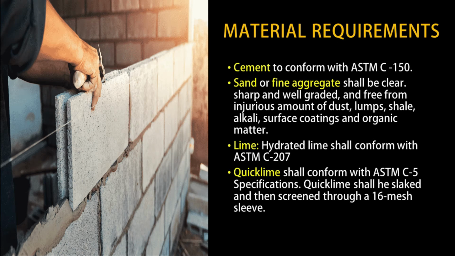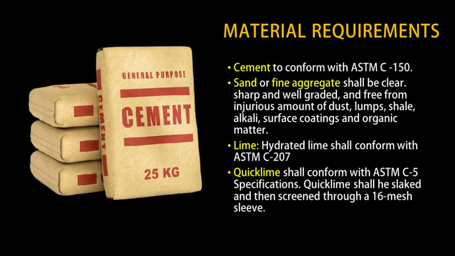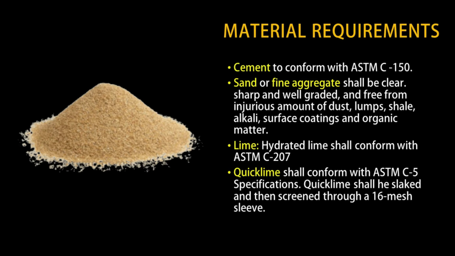Material requirements. The following materials to be used under this section of the specification shall conform with the concrete masonry standards as indicated. 1. Cement to conform with ASTM C150. Sand or fine aggregate shall be clean, sharp, well graded, and free from injurious amounts of dust, lumps, shale, alkali, surface coatings, and organic matter.